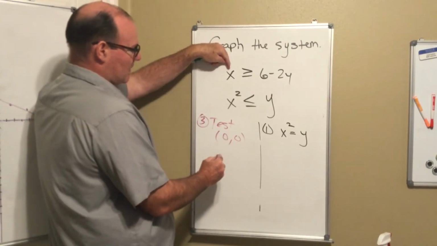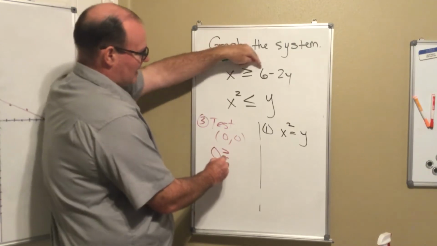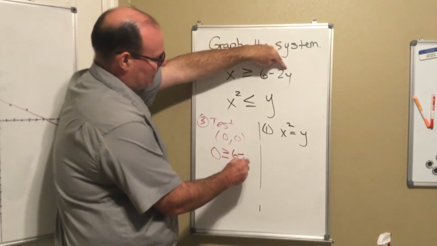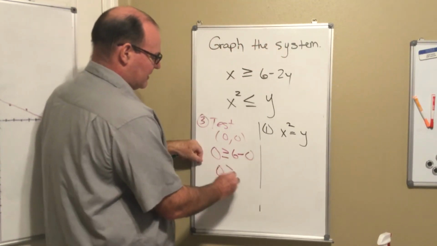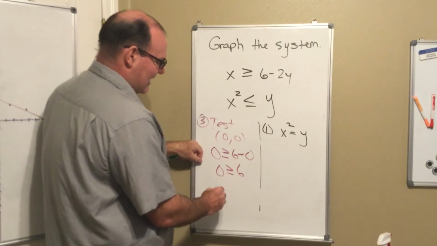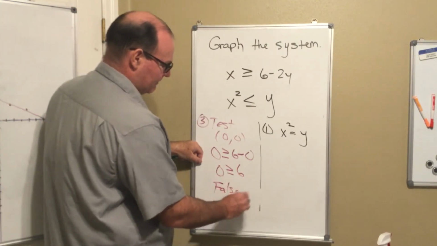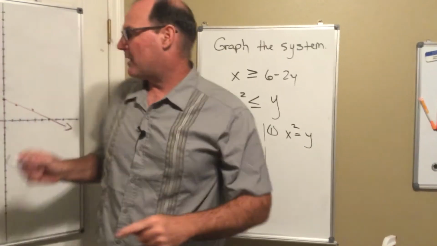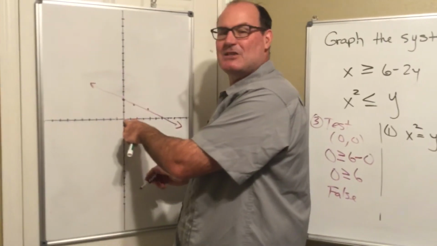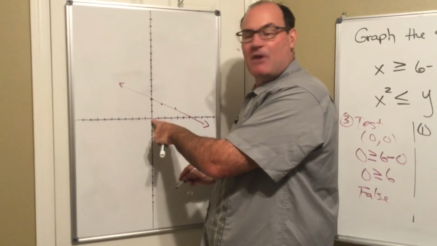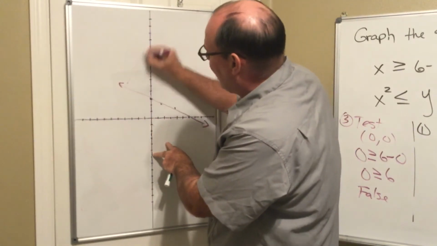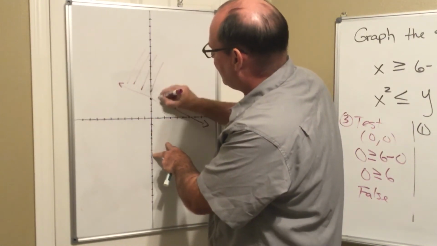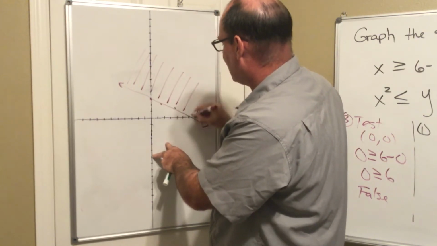When I put 0 in for x and 0 in for y, I've got 0 is bigger than or equal to 6. That is a false statement. So that means when I go back to my graph, here was my test point 0, 0. This was false, so I'm going to shade up here. So that's my graph so far.